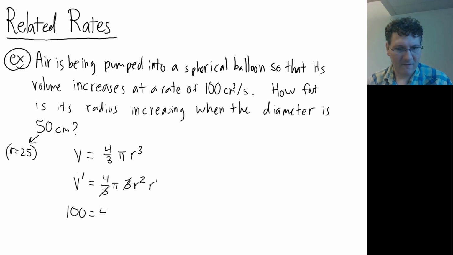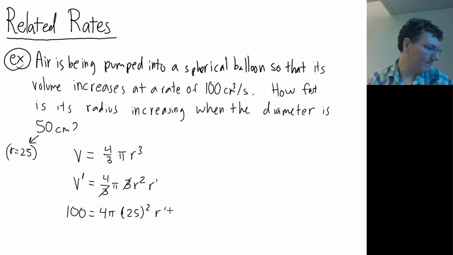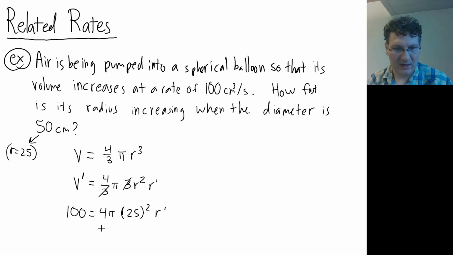100 is 4 pi times 25 squared times r prime. We can actually simplify this a little bit. 25 times 4 is 100.